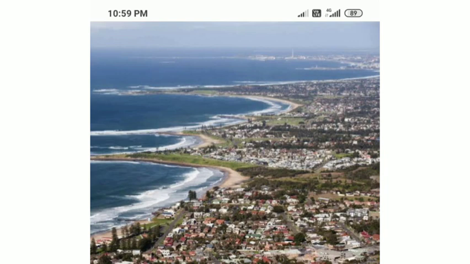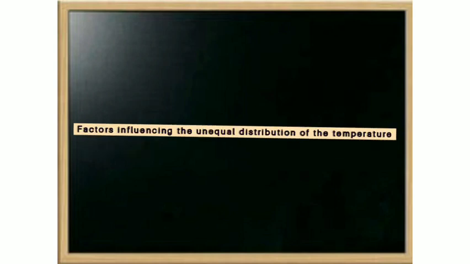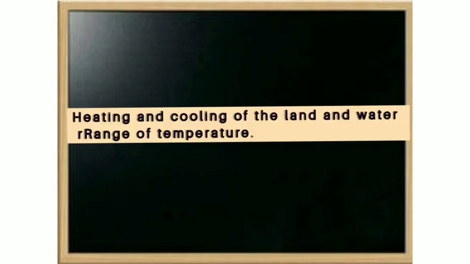They are very hot. So today we learnt four points: unequal distribution of heat received from the sun, the factors influencing unequal distribution of temperature, heating and cooling of land and water, and the fourth one is the range of temperature.